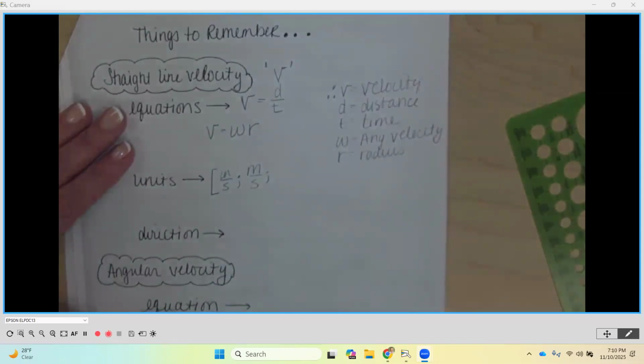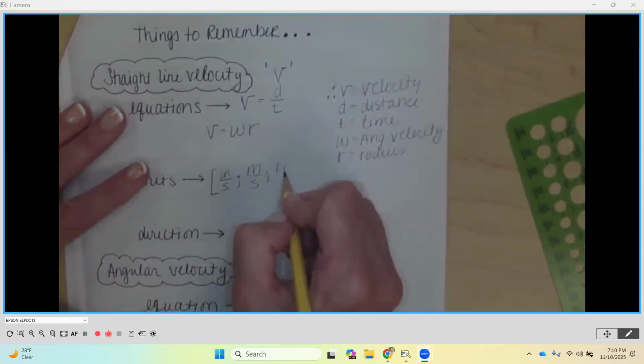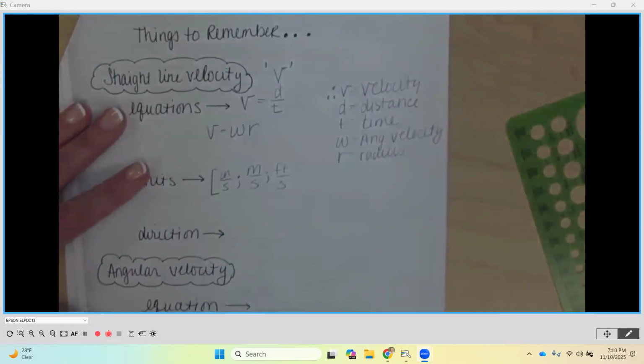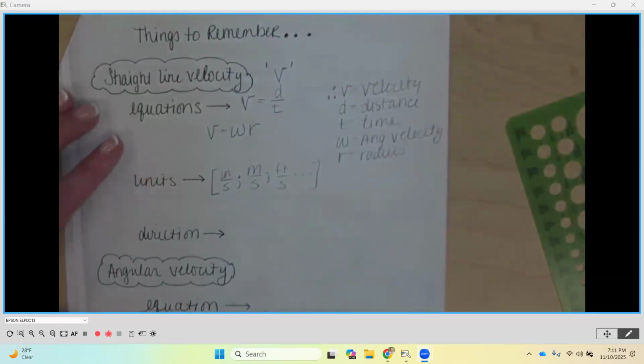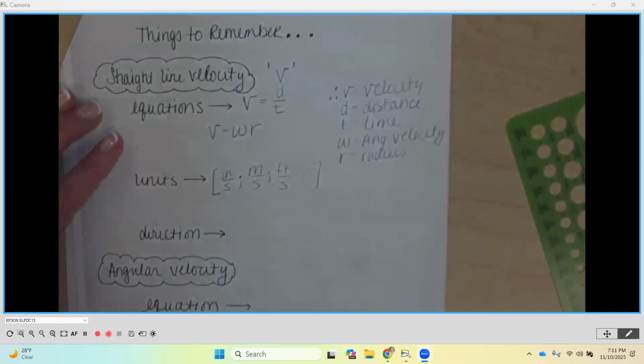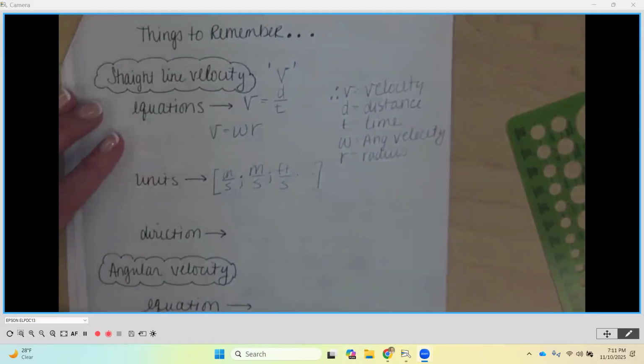Nope, not revolutions per minute. That's okay. Feet per second. Anything else? Miles per hour, kilometers per hour, right? All that kind of stuff. So anything that is distance divided by time. Could be centimeters per second.